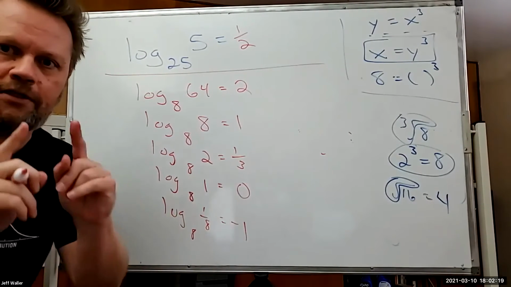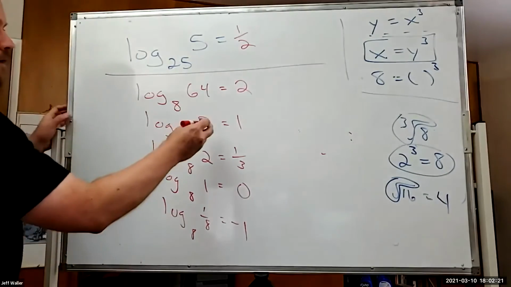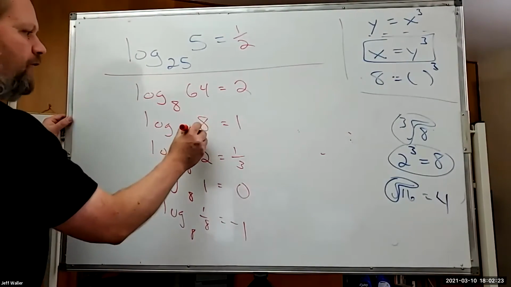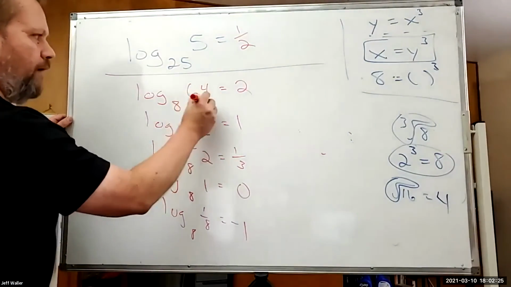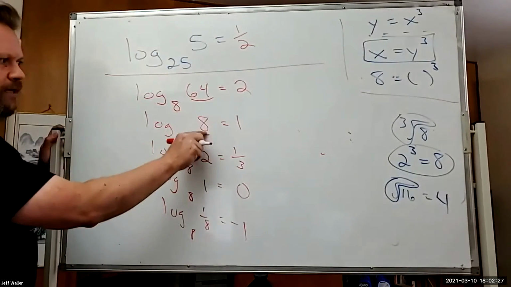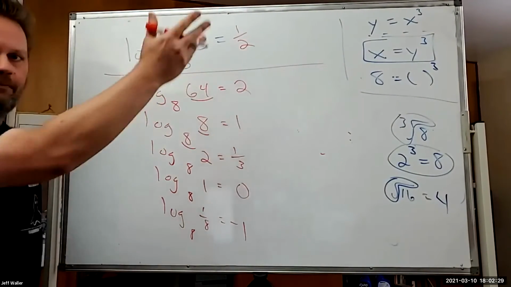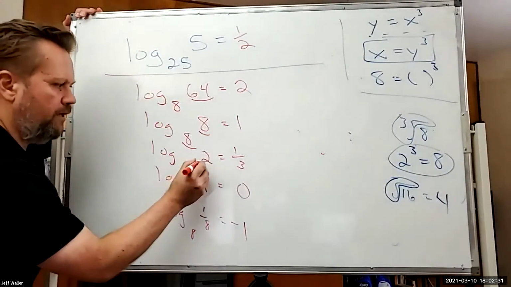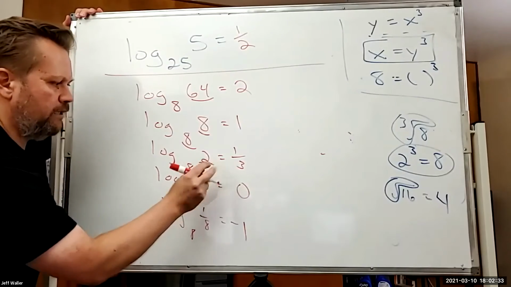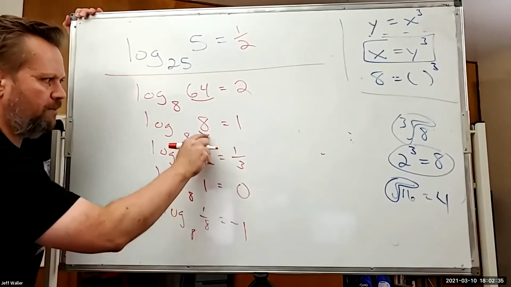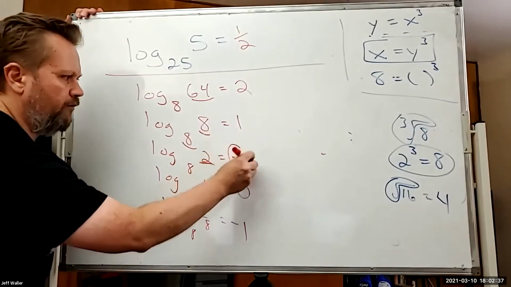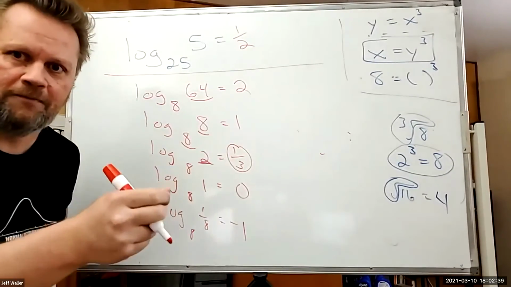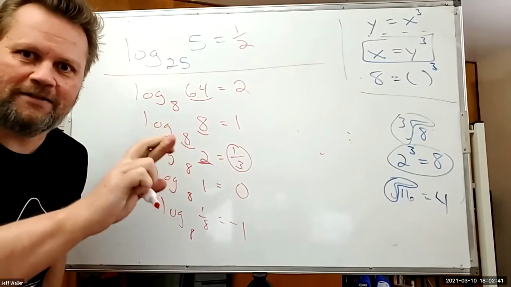Now notice, here's the point I'm trying to make. If the number in here is the base or above, it's 1 and up. If the number inside is between 1 and the base, you'll get a fractional answer, because that would be a root.